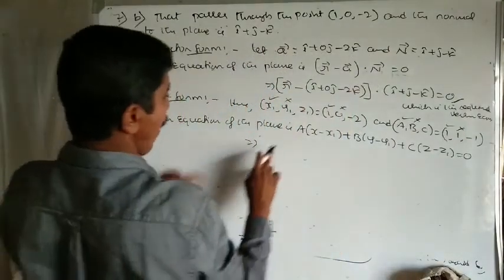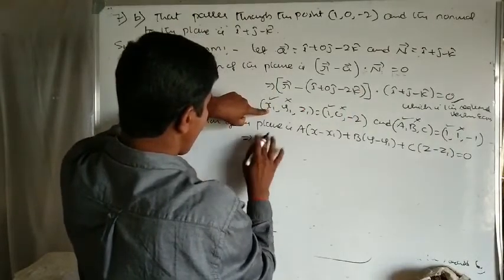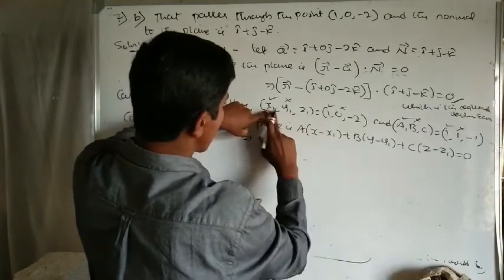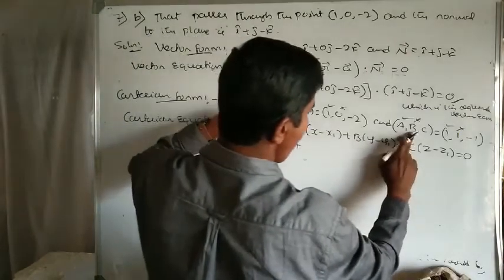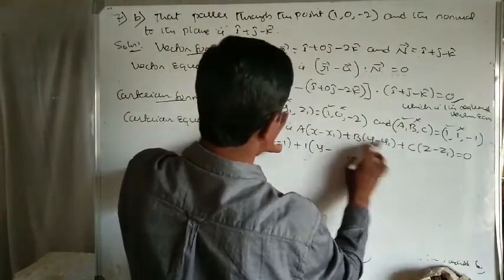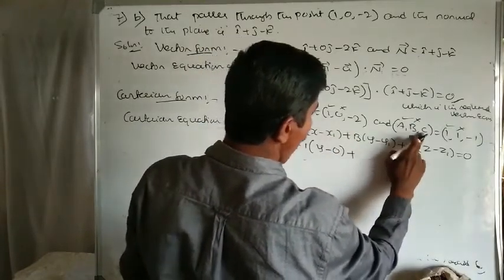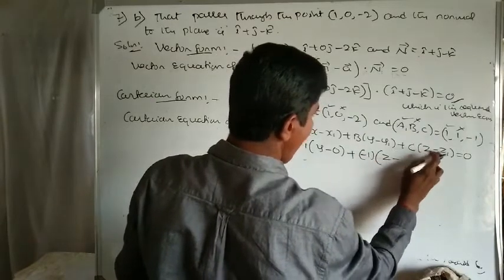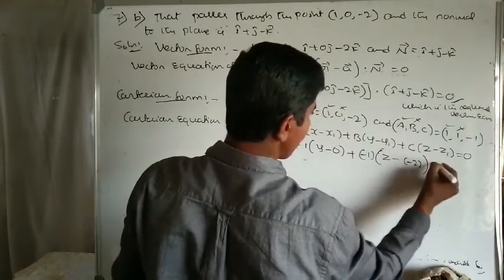Substitute the values: 1 into x minus 1, plus 1 into y minus 0, plus minus 1 into z minus minus 2, is equal to 0.